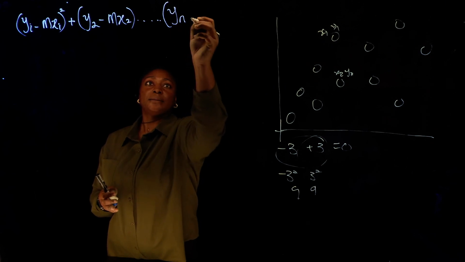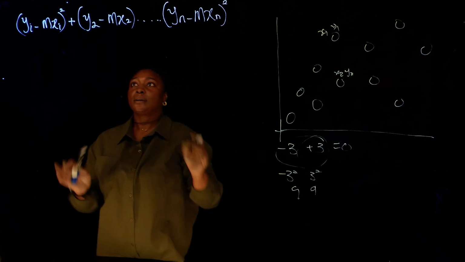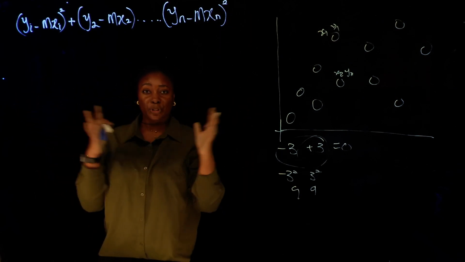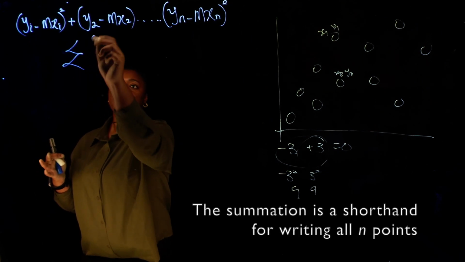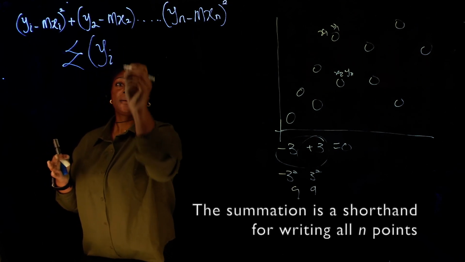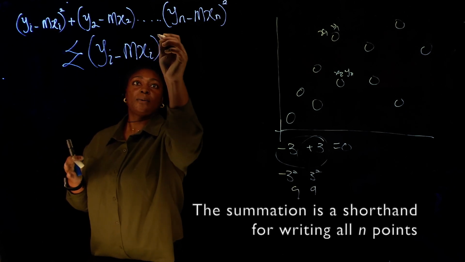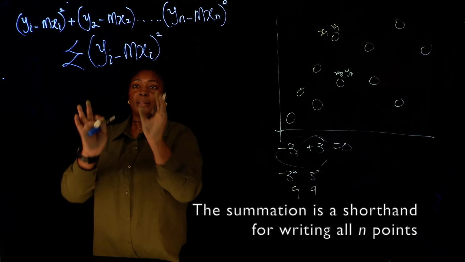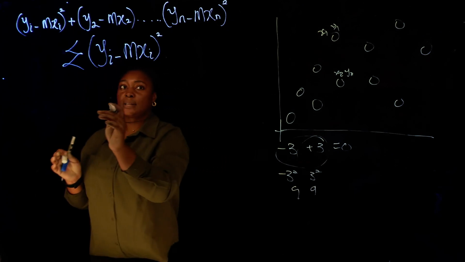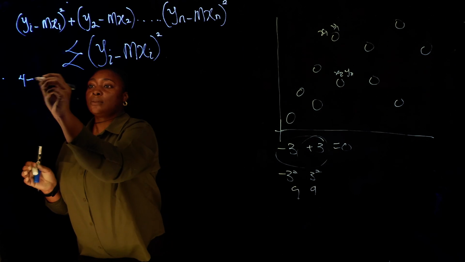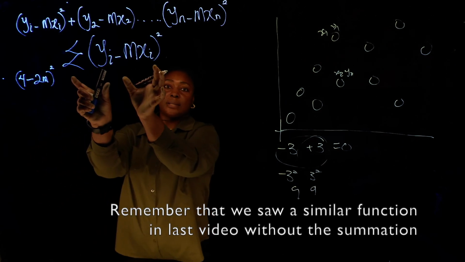So that'll be yn minus mxn all squared. There's a long expression, but it can be shortened to give you a summation of yi minus mxi all squared. Now, this is an expression of the function we had initially, the example where we have 4 minus 2m in our earlier example. So this is an expression here.